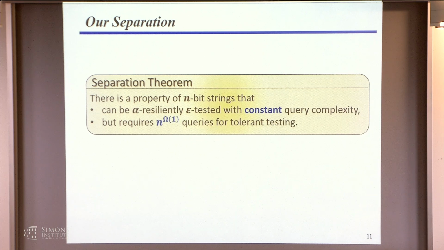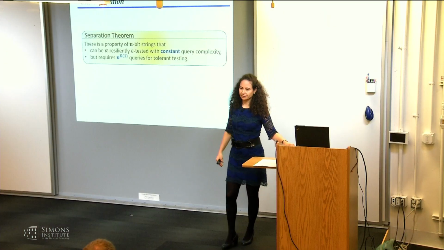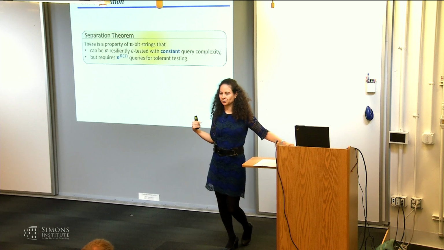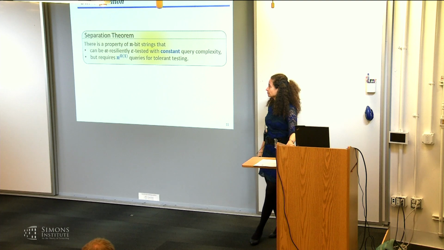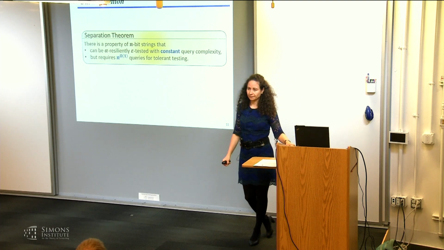Is it a natural property in some sense, or is it a little bit like the Fischer-Fortnow one? Yeah, so it's not natural, it's constructed via PCPs, and I'm going to show you. It's a good question whether you can do something like this with a natural property.